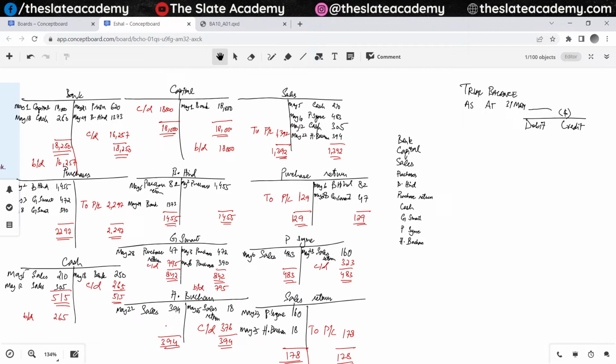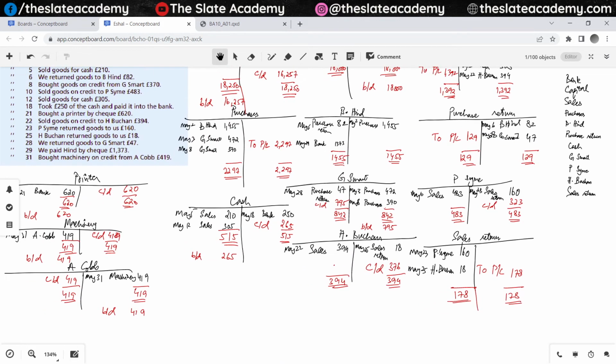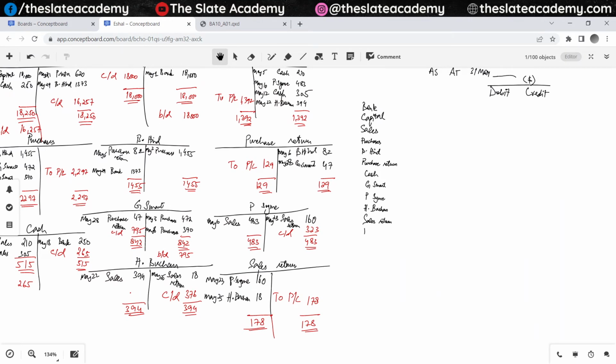And sales return. There is printer, machinery, and ACOB.